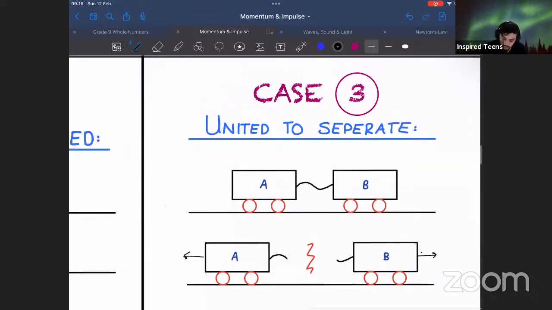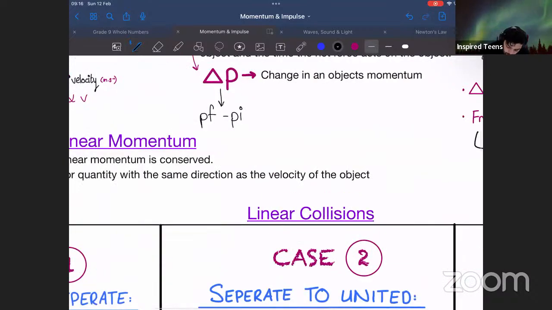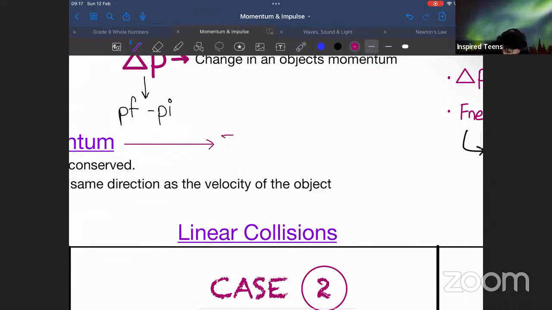Okay. Let us talk about conservation of linear momentum one more time. We are going to indicate a formula quickly. Conservation of linear momentum means that linear momentum is conserved. So essentially, I'm going to put the sigma sign, which means the sum, because remember we're dealing with two objects, so we are adding their momentum. So the sum of the momentum before is going to be equal to, again, the sum, why sum?